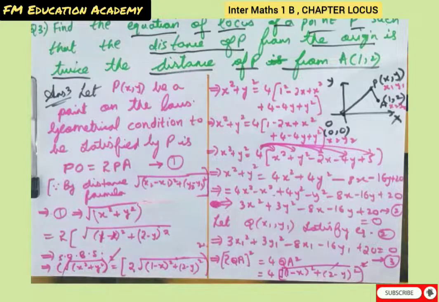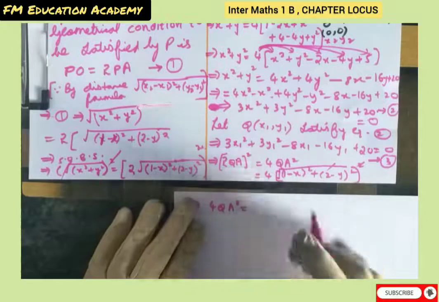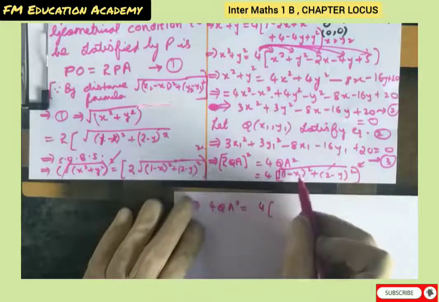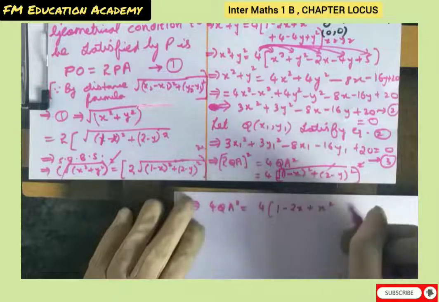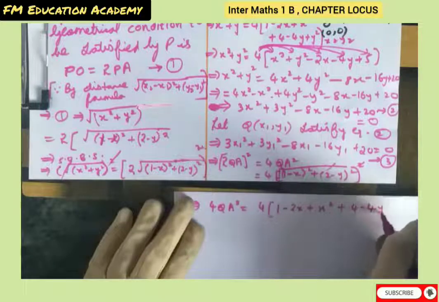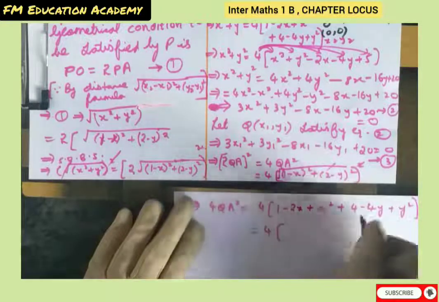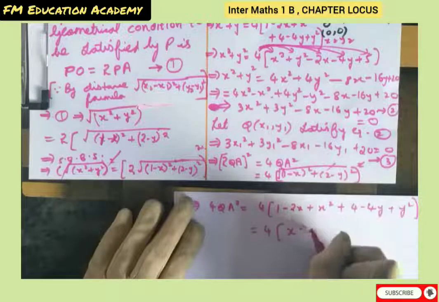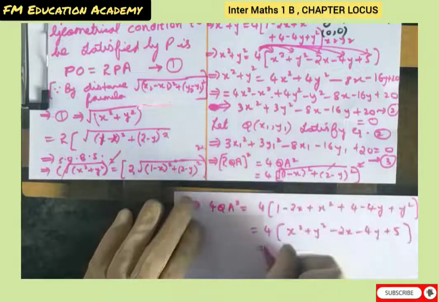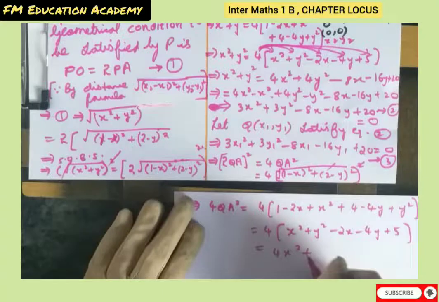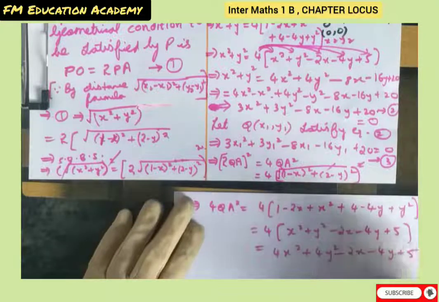We are left with 4QA square equals 4 into (1 minus x) whole square, which is 1 minus 2x plus x square, plus (2 minus y) whole square, which is 4 minus 4y plus y square. We know 4 plus 1 is 5. So we write 4 into x square plus y square minus 2x minus 4y plus 5. We'll open the bracket: 4x square plus 4y square minus 8x minus 16y plus 20.